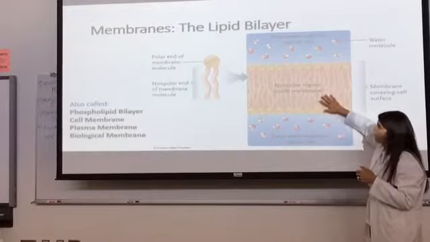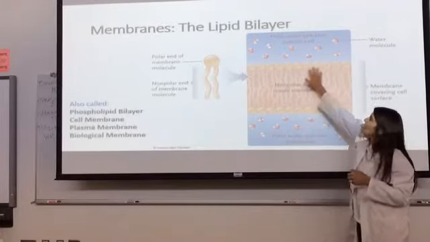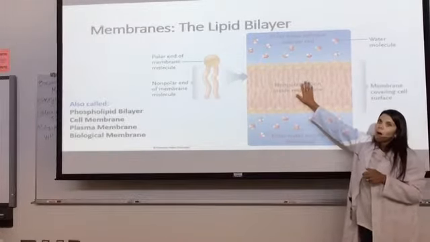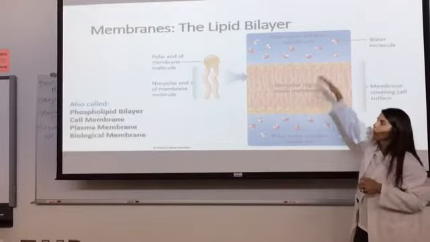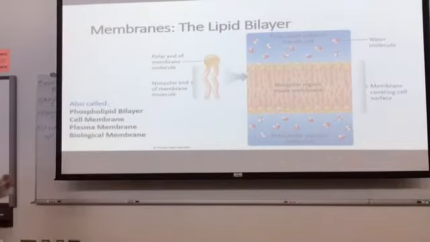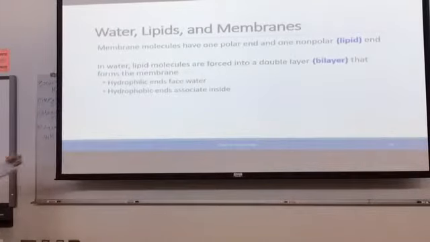Phospholipid bilayer, cell membrane, plasma membrane, biological membrane, lipid bilayer. It has a hydrophilic aspect, hydrophobic aspect. Ultimately, this structure controls what enters and leaves the cell. It's half hydrophilic, half hydrophobic. Here's, in words, everything that I just said.